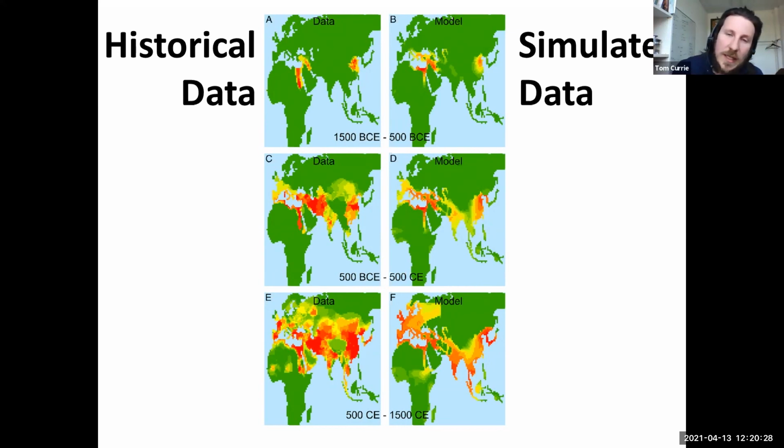And what we see is that the output from the model shows a pretty good match to the historical data. So that's a test of the underlying logic of this idea. It seems to make sense, and it also seems to match the historical record fairly well.